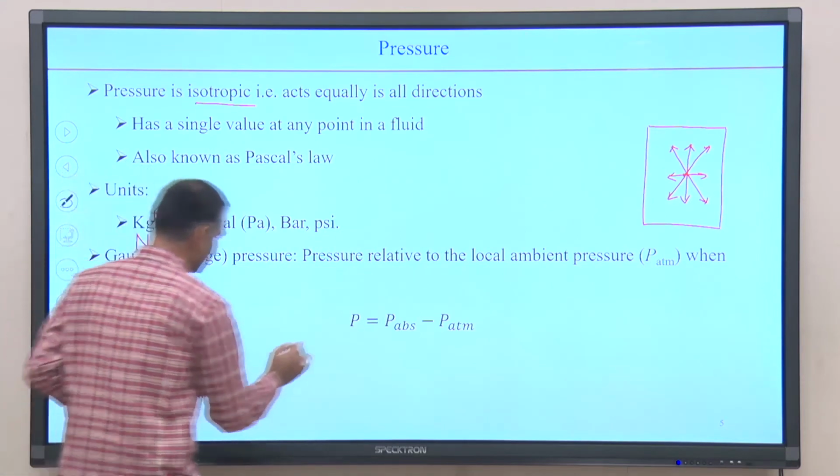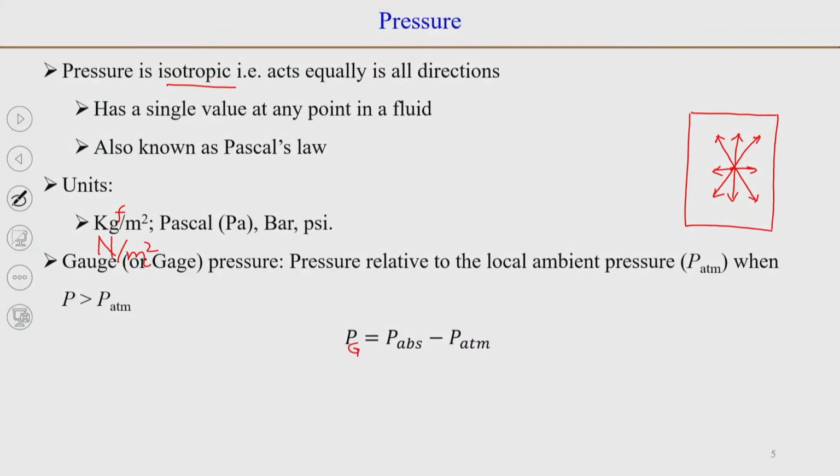So, P gauge is equal to absolute pressure, or thermodynamic pressure as we call it, minus atmospheric pressure. This term gauge pressure is generally used when we have pressure above atmospheric pressure.